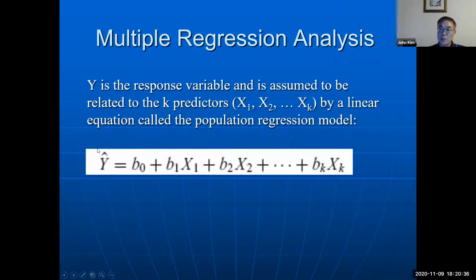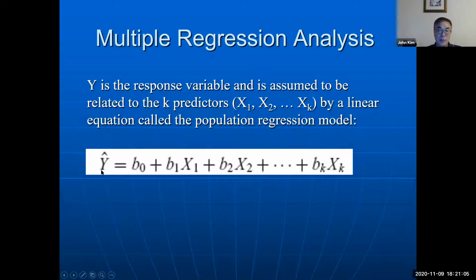Y is the dependent variable, the response variable, and is assumed to be related to K predictors, multiple X variables or independent variables, by a linear equation called a population regression model.